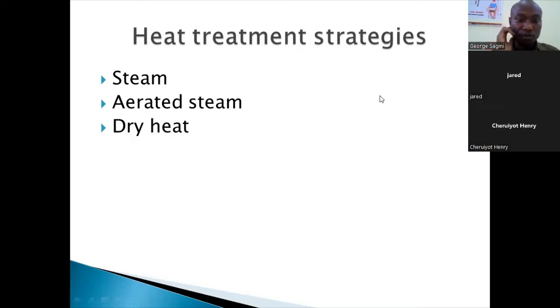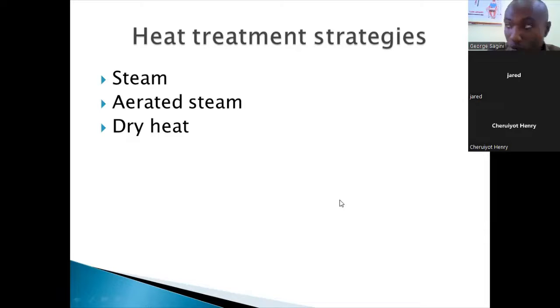Let's go on. Steam is an efficient means of supplying moist heat.